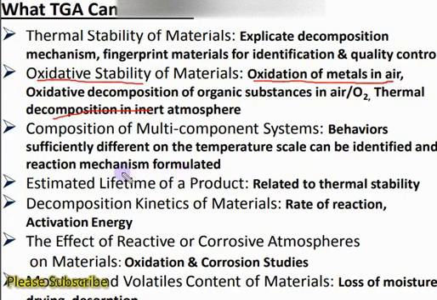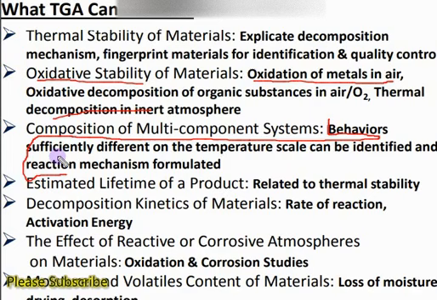Further, the composition of a multi-component system whose components behave sufficiently differently on the temperature scale can be identified, and the reaction mechanism formulated. We will look into this point in detail in a coming slide, where we will discuss a particular case where there is multi-stage decomposition of a material, and at each stage there is new component formation.